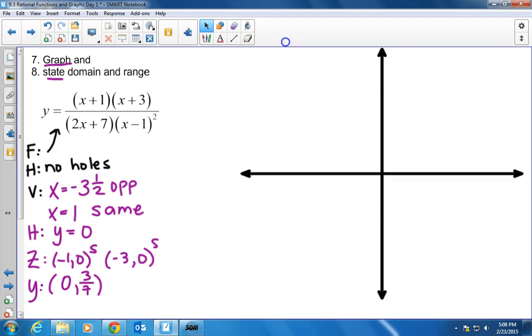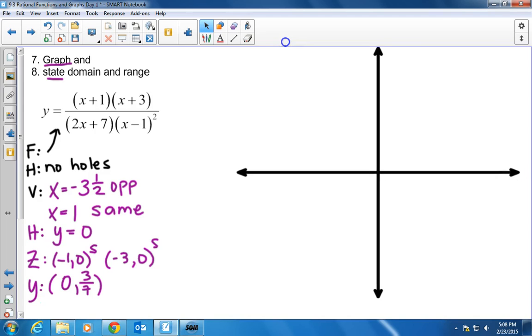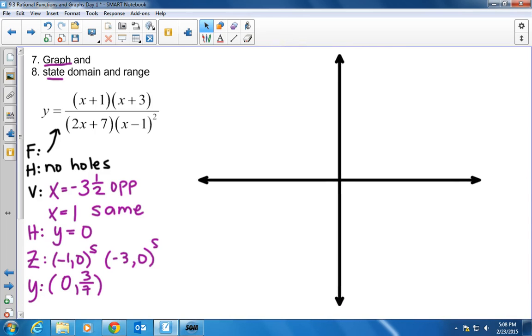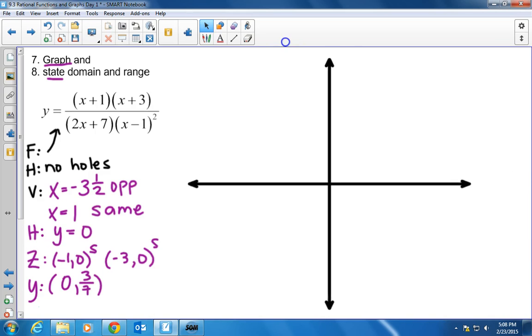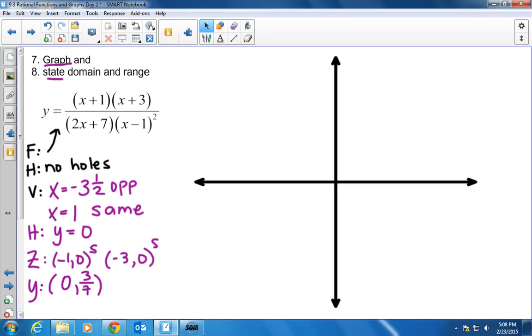So here we go. The first thing we're going to do is sketch out some tick marks. Usually when you sketch a rational function on paper, we give you a blank x and y axis because, again, it's a sketch, and you just draw your tick marks accordingly to make sure you have everything fit.